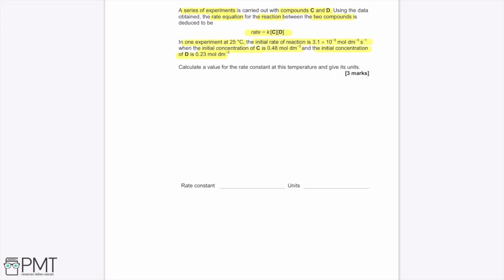We are then told to calculate a value for the rate constant at this temperature and to give its units.